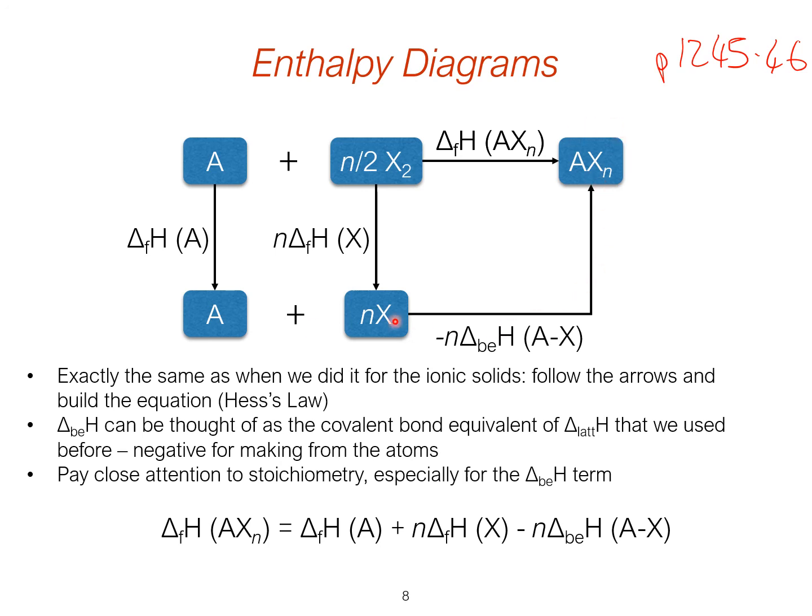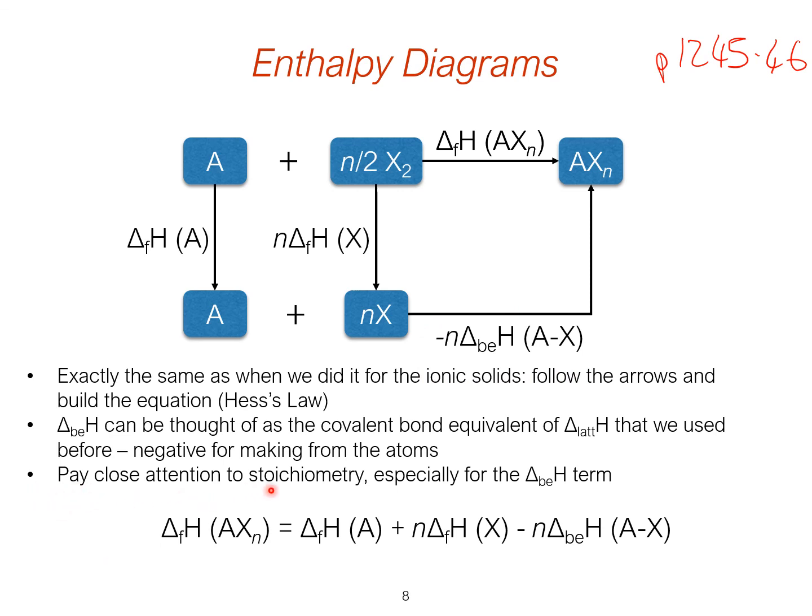It's much like the lattice enthalpy was the energy released when the solid was broken up into gaseous ions. And in the same way that as we formed something, the lattice energy was negative, in this case it's exactly the same. We're taking 2 independent atoms and putting them together to make the bond, and that means we use a negative bond enthalpy term.